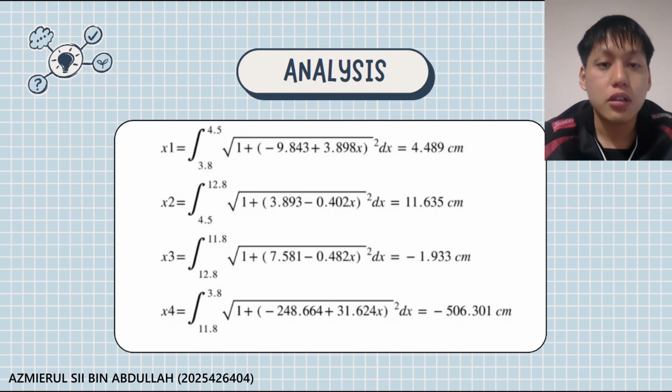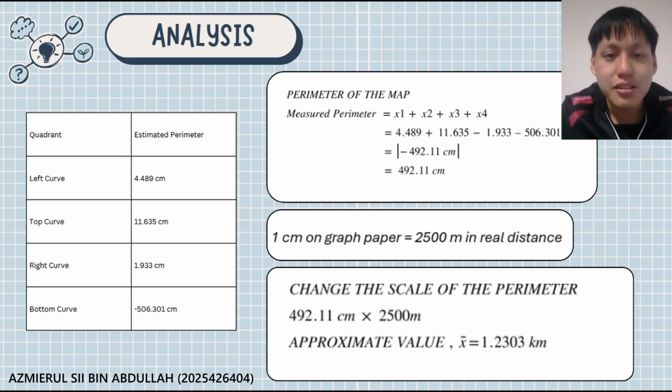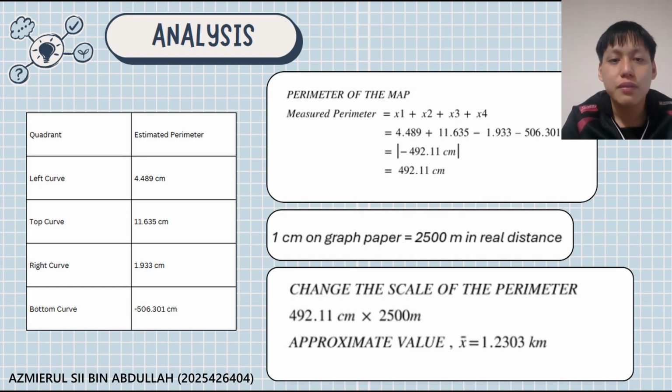This slide shows the arc length of each quadrant, where we use the quadratic functions obtained before and fill them into the general equation of the arc length to find the estimated perimeter. As you can see on this slide, we list the estimated perimeter on the left table and sum it to get the value of negative 492.11 cm, which is a negative value, whereas perimeter is logically positive, so we put a modulus to make it positive.